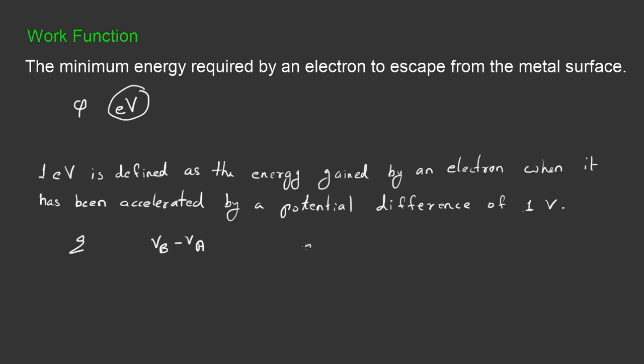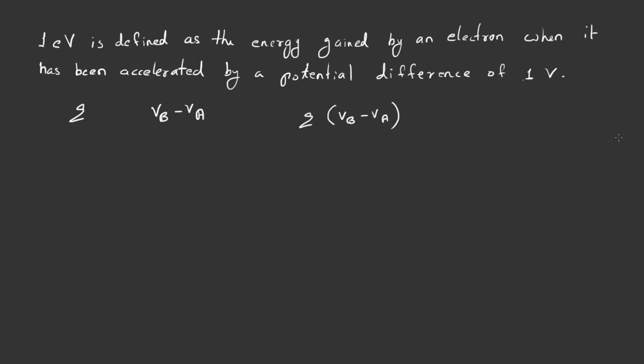the electric potential energy is increased by Q into Vb minus Va. Here, charge of electron e is equal to 1.602 into 10 raised to minus 19 coulomb, and potential difference is 1 volt.